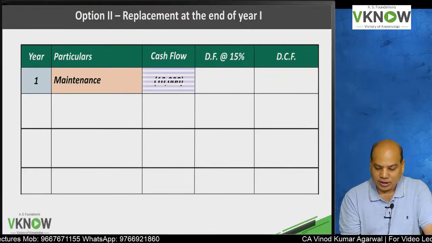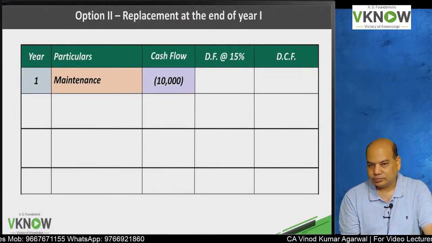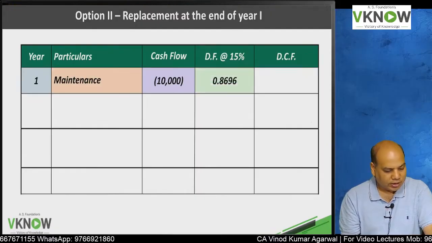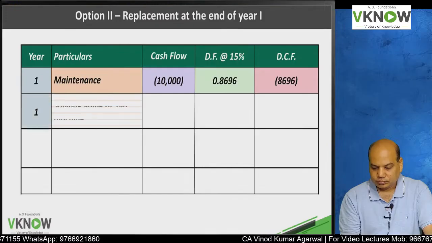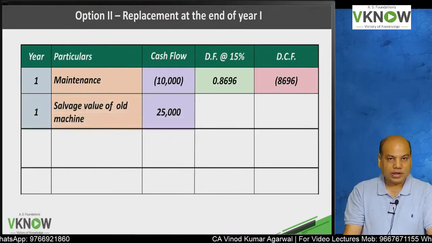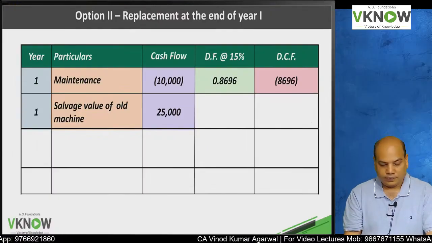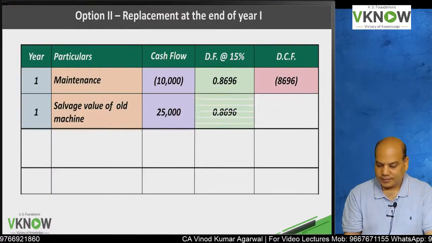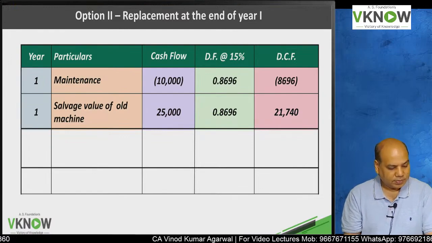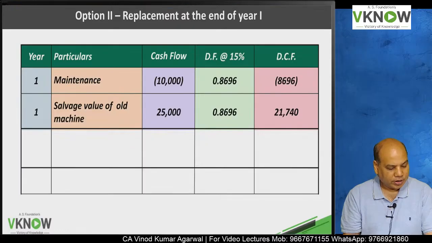Maintenance cost 10,000. Can you see maintenance 10,000? And you will get salvage value 25,000. Factor is 0.8696.